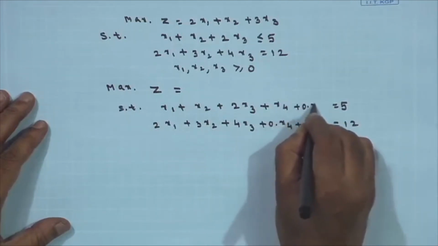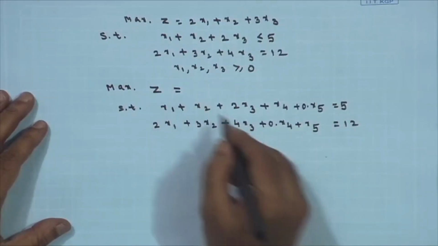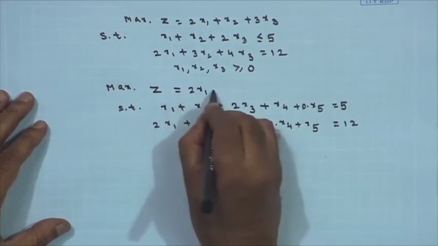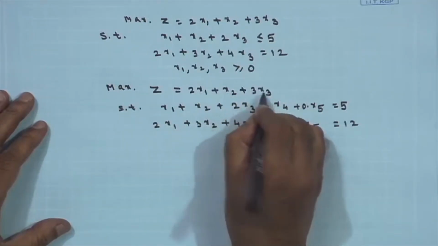Now, what will be the form of the objective function? The original objective function is 2x1 plus x2 plus 3x3.